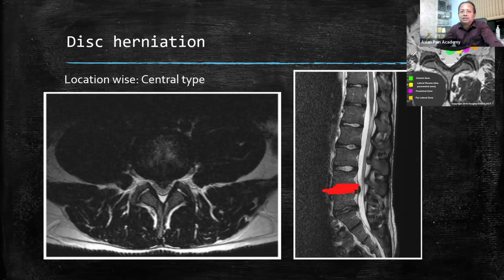You can see this disc herniation. But remember, as this is the central type, your sagittal section also should be central. I mean, it should go in the midline. So you can see the spinous processes. So in this sagittal section you will see this one, not a foraminal sagittal section.